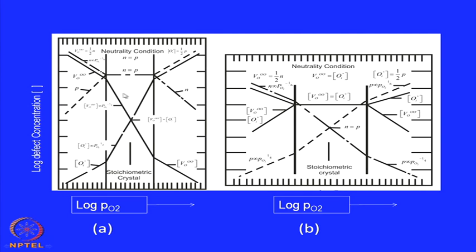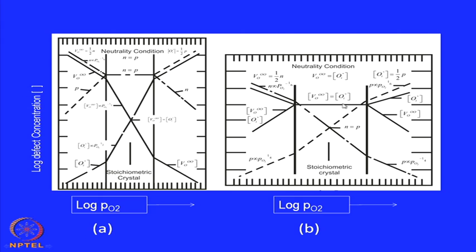The difference between this diagram and this diagram is, you can see here this oxygen vacancy and oxygen interstitials are same in this flat region. This is PO2 independent region. Okay.